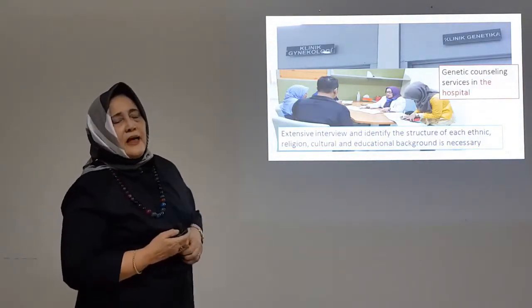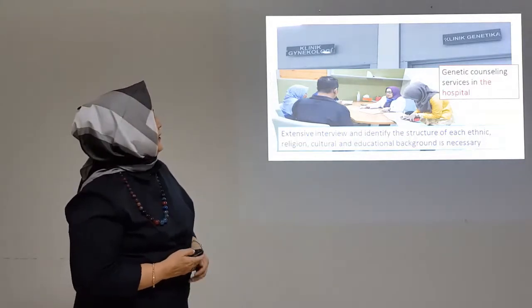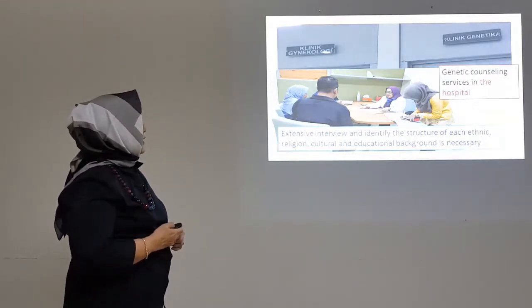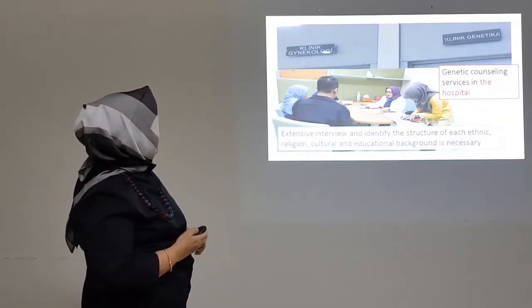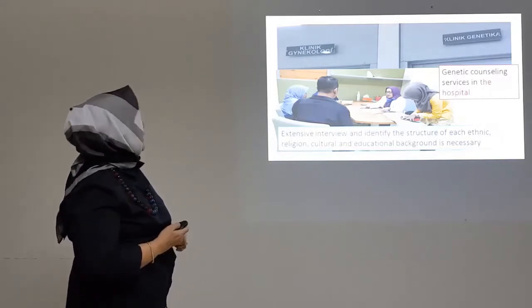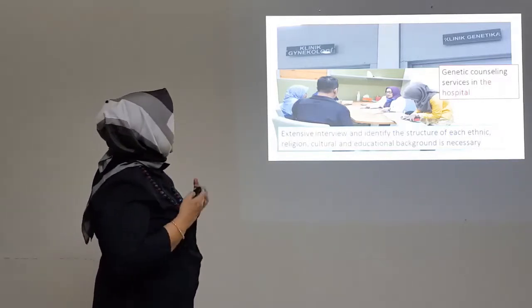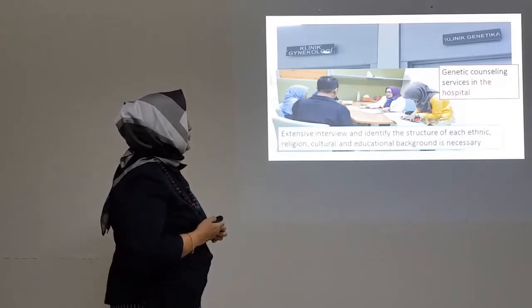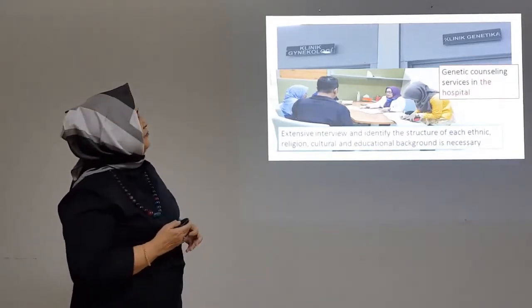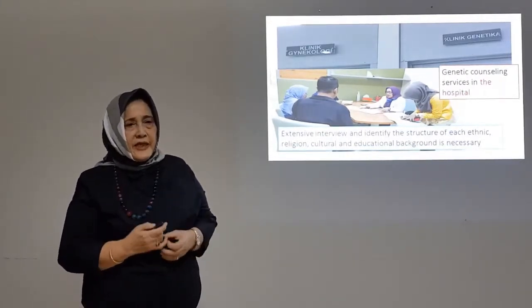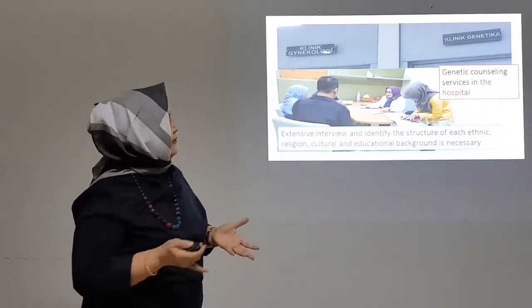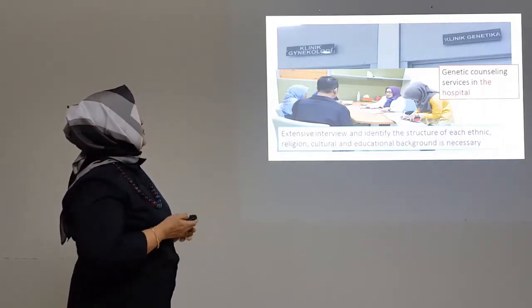This is one example of our clinic. We do the genetic counseling in the University Hospital. We have to do an extensive interview and identify the structure of each ethnic group, because different ethnic groups may have different perceptions.